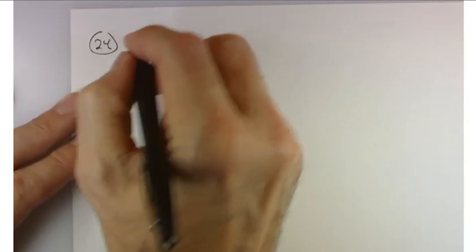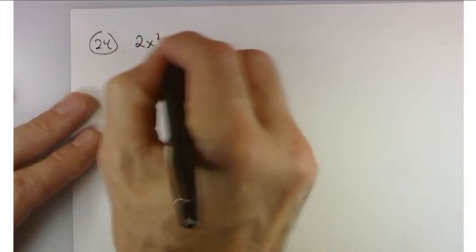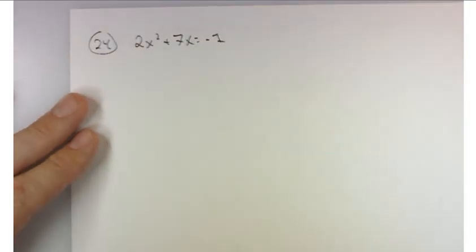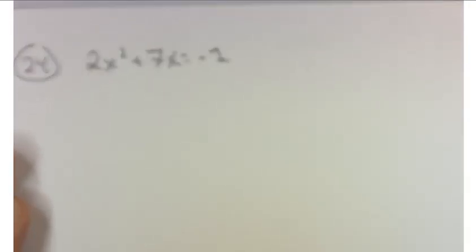Let's try another one. Problem number 24. Two x squared plus 7x equals negative 1. Well, let's think here.